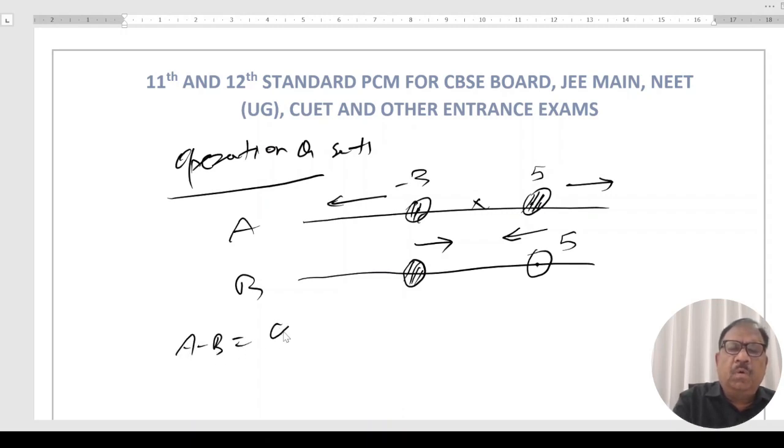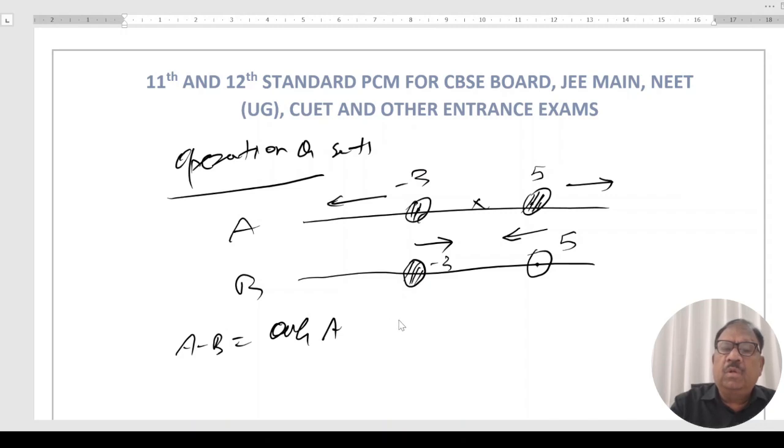A minus B is only A. Common is to be excluded. Minus 3 is common, बाकी सब minus 3 is there, 5 is not there.